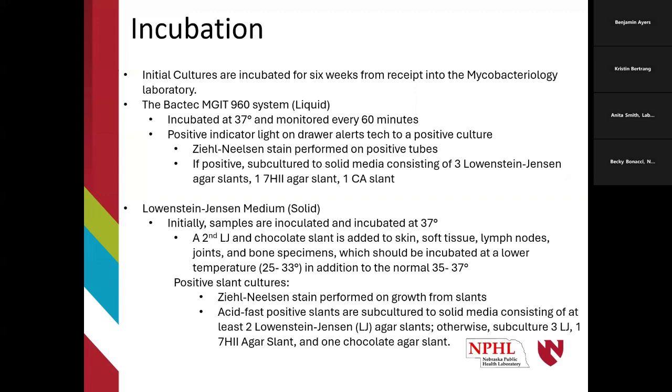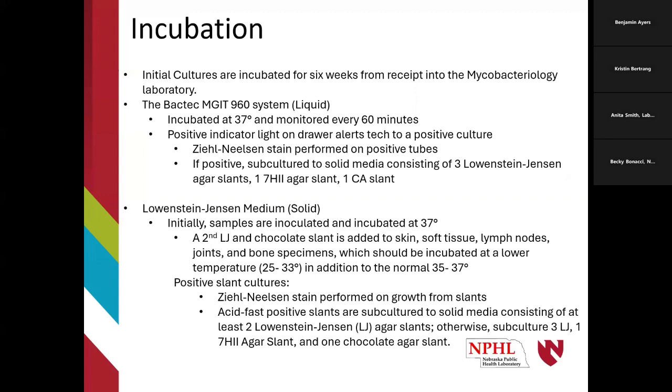So once the slants are positive, we would need to do a Ziehl-Neelsen for growth to ensure that it is truly a positive. And we again then would subculture these for more growth to 3 Lowenstein-Jensens and 7H11 and 1 chocolate slant.